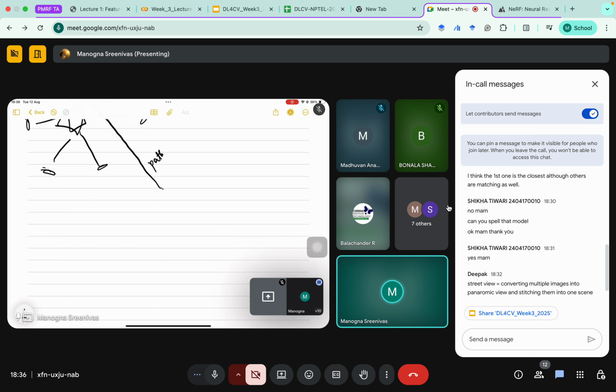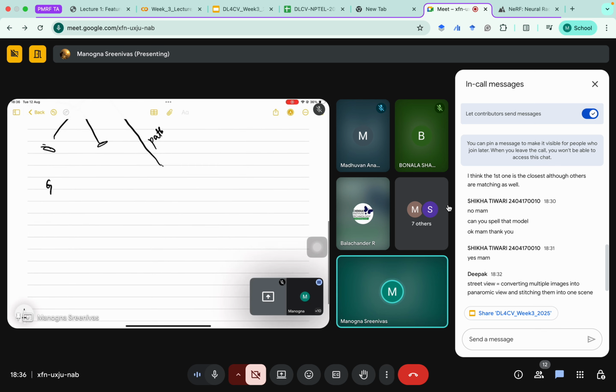But then to learn such models, we would have to model this in a 3D way, right? So we look into some geometric transforms, how geometric transforms are represented.